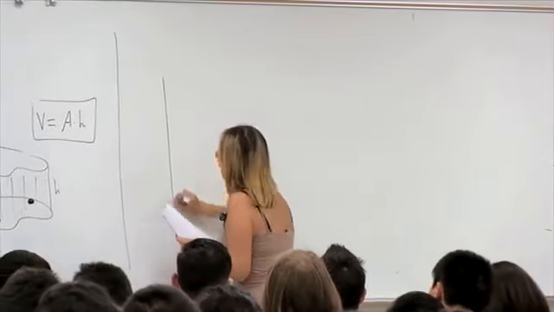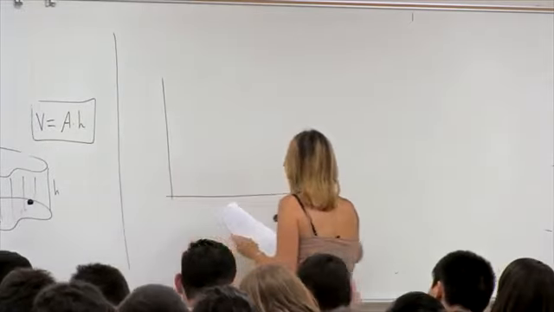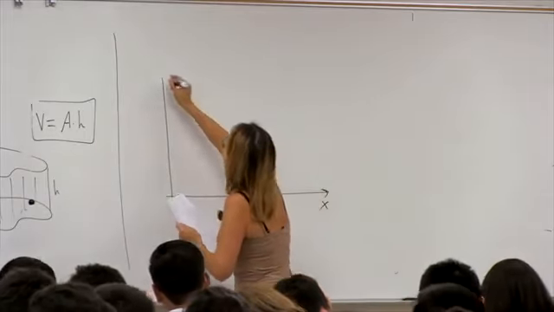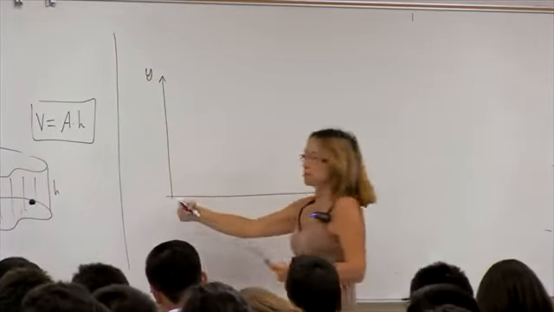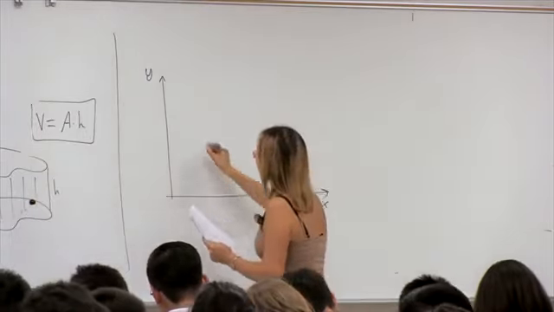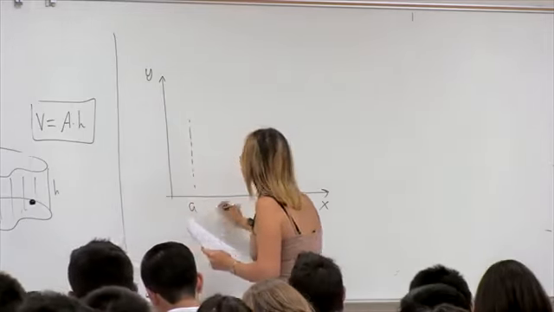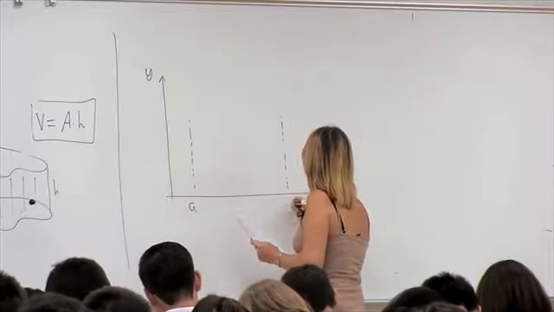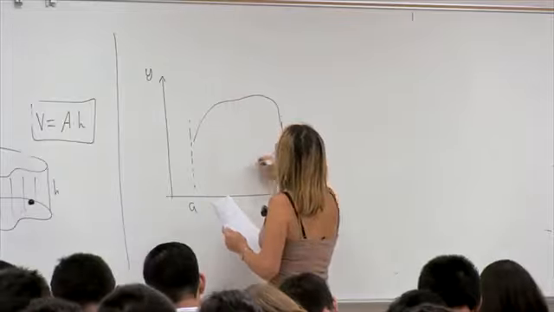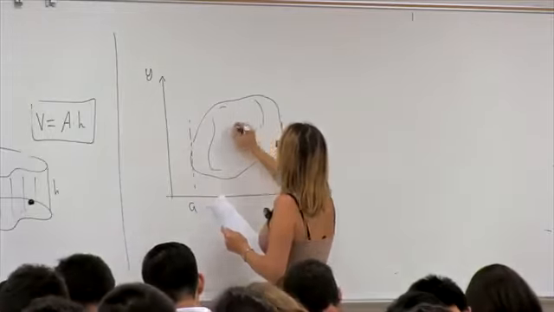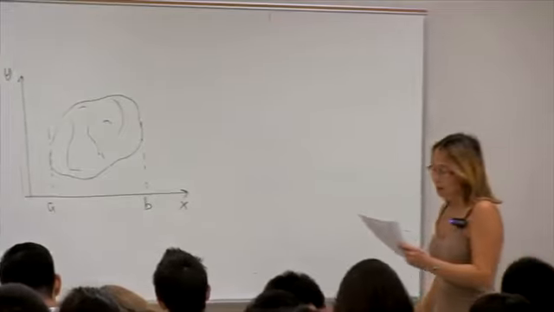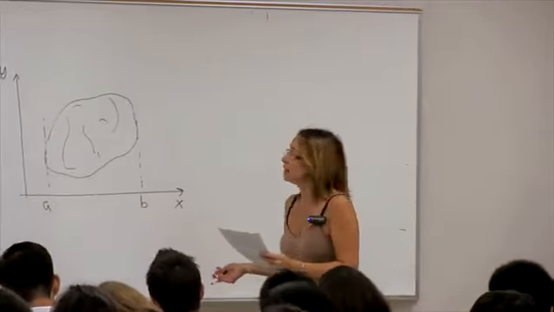So let's suppose we have a 3-dimensional space, x, y, and z going out of the blackboard somehow here. I don't want to draw it. And we have a solid situated somewhere between a and b. It's hard to draw in 3D, but just imagine a loaf of bread or something here. I want to calculate its volume.